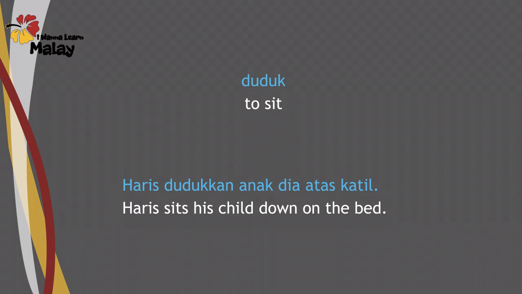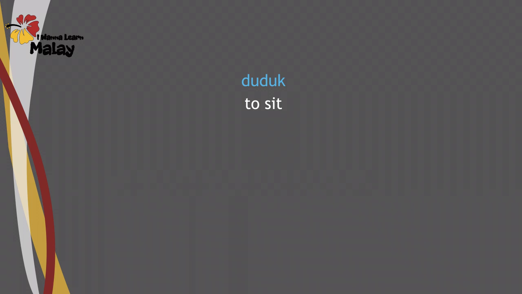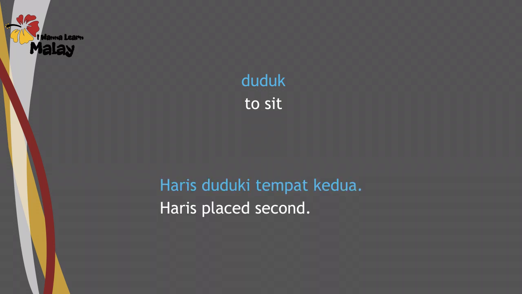But there'll be situations where you'll see the verb duduki. So in this case, duduk is an intransitive verb. If it's followed by the suffix e, it means the action is being done onto the noun itself, on Haris himself. Haris duduki tempat kedua.